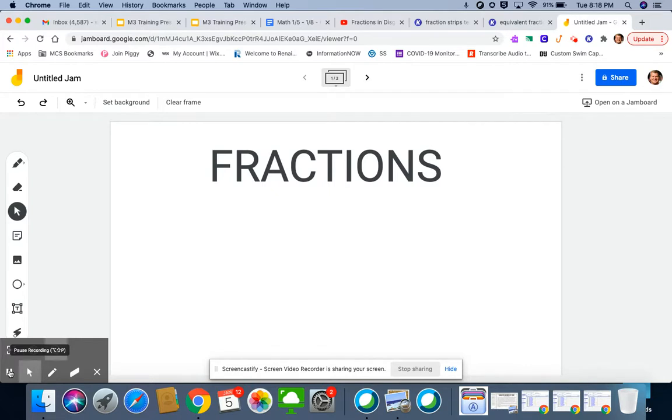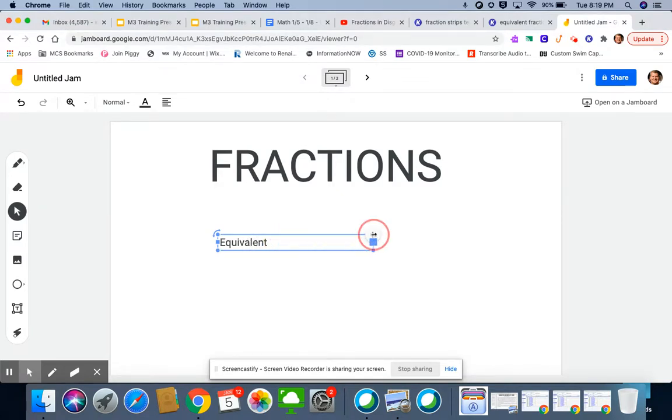Yesterday, we talked about the word equivalent. What does the word equivalent mean? Well, when I hear the word equivalent, I immediately hear, if I could spell it right, that would help, equivalent, I hear the word equal.